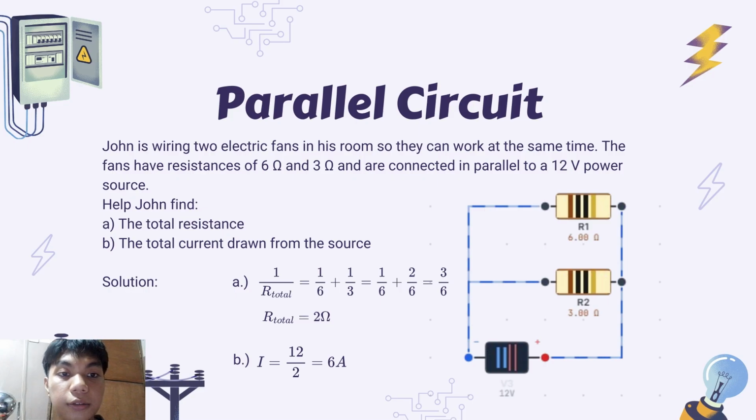To get the R total, we're going to take the reciprocal of 3 over 6, which becomes 6 over 3, then it equals 2 ohms. And next, we're gonna find the current using Ohm's law. Now we're gonna divide 12 by 2, which equals 6 amperes. Notice how the current increases when resistance decreases.